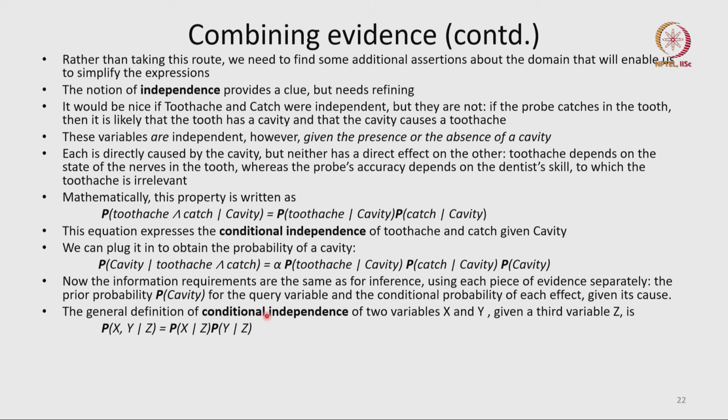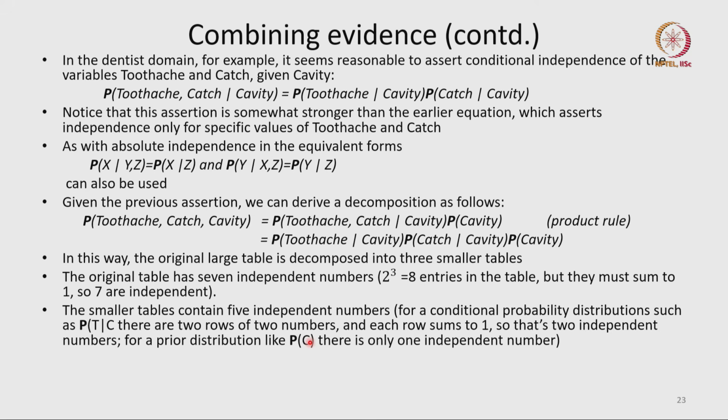So how do we write the definition of conditional independence? The probability of x and y given z is the probability of x given z times the probability of y given z.